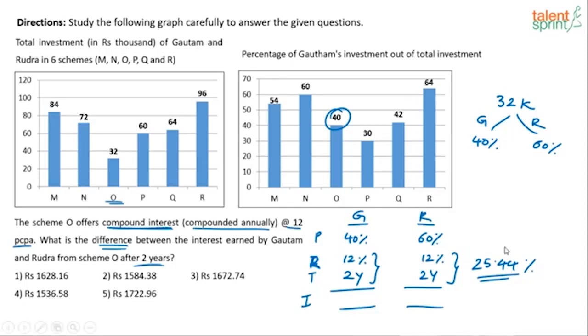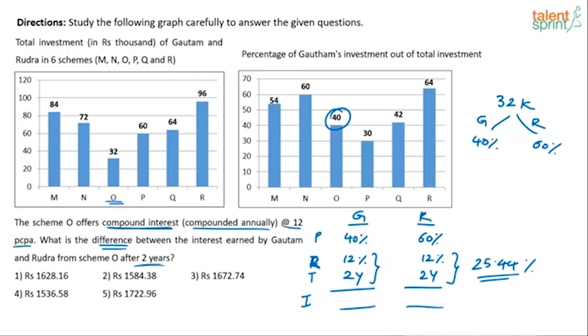Compound interest is always A plus B plus AB by 100. So 24 plus 1.44, 25.44. So I'm clear that Gautam is going to get 25.44% of his investment, and Rudra is going to get 25.44% of his investment.